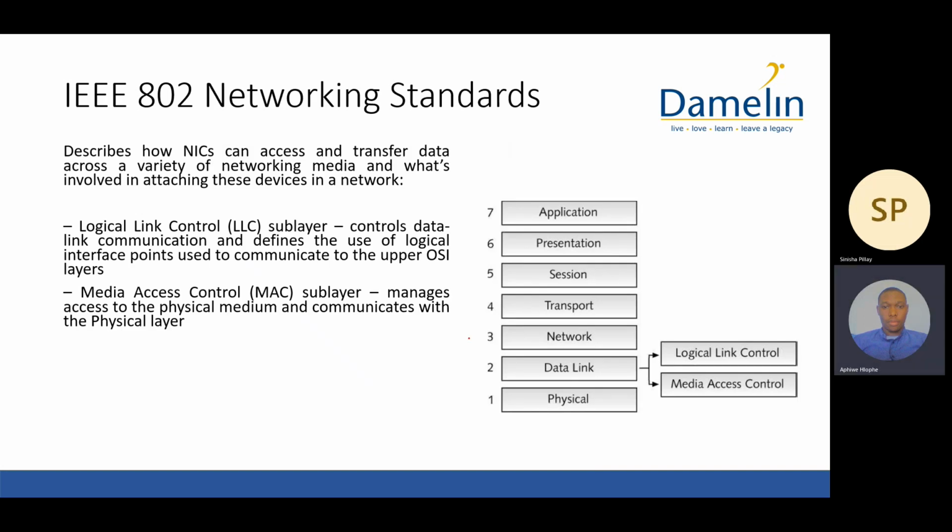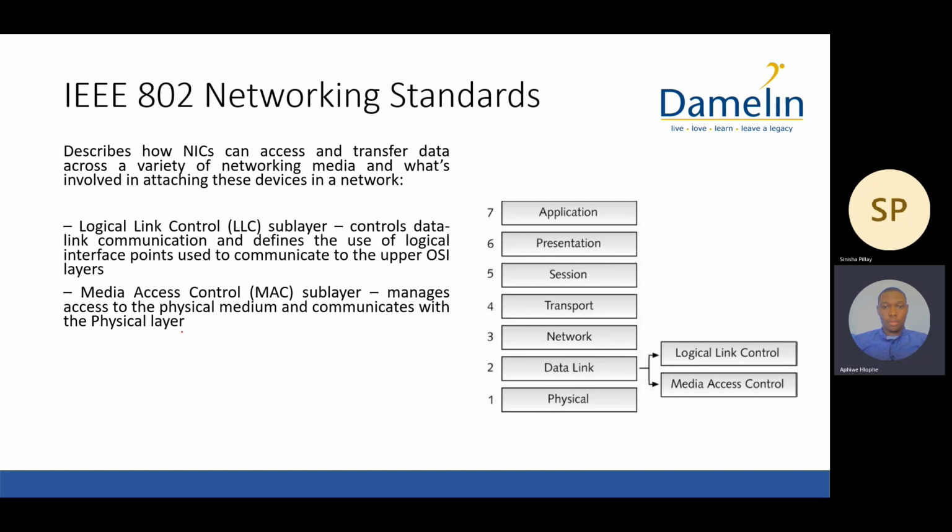So moving on to IEEE 802 networking standards. They describe how network interface cards can access and transfer data across a variety of networking media and what's involved in attaching these devices to a network. So we have the logical link control sublayer and the media access control layer, or the MAC address.